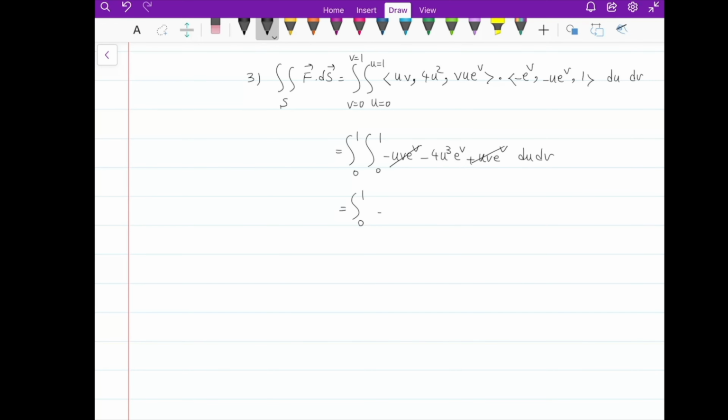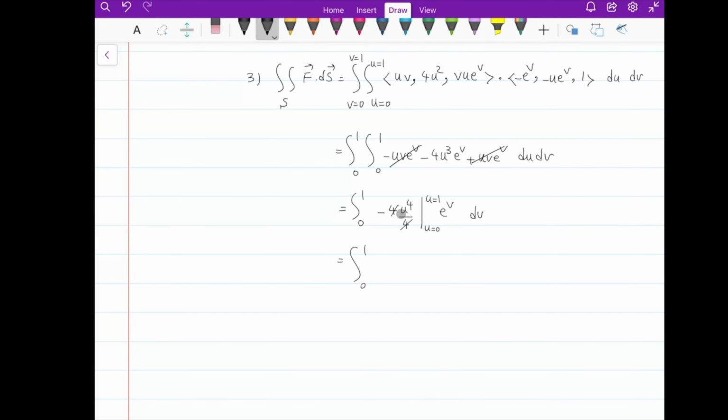So I have negative 4u to the power of 4 divided by 4, times e^v, with u from 0 to 1, and then don't forget the outer integral dv, from 0 to 1. These two cancel.